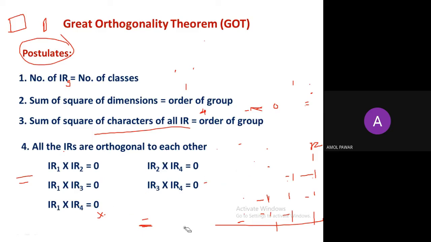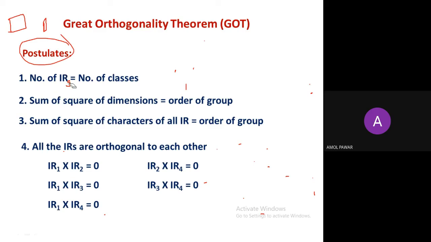Order is 6, and the number of classes is 3. Class is 3. Now I will show you how to construct the character table for the C3V point group.